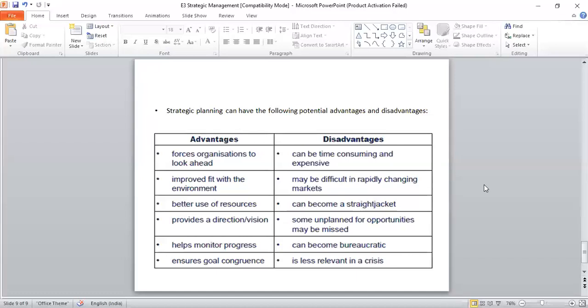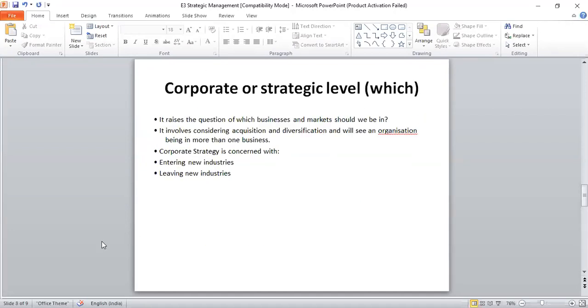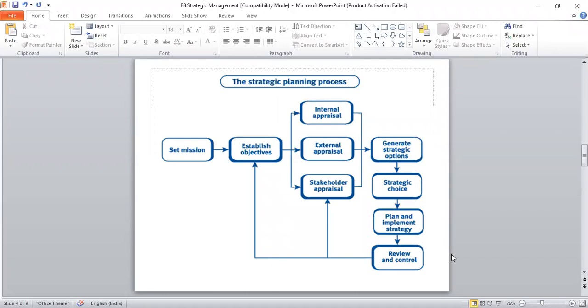Then it provides a direction and a vision. What has to be done? What is the course of action to be taken can be understood. And it helps in monitoring progress. The image properly talks about that.